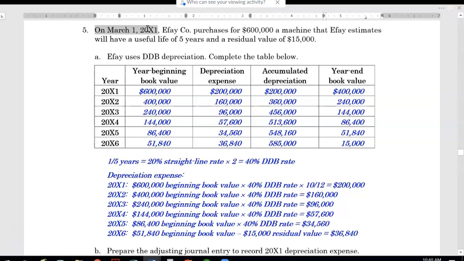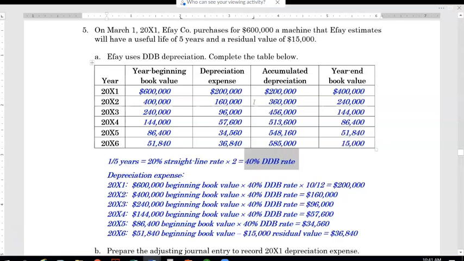Keep that in mind. We want to do double declining. Okay, so 100% of the equipment divided by 5 years useful life gives us 20% on the straight line. But because we want double declining, we multiply by 2 to have a faster depreciation rate of 40%.